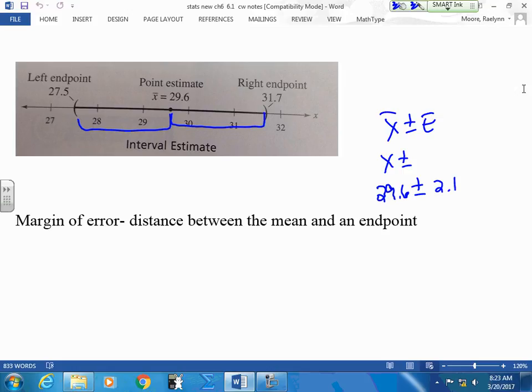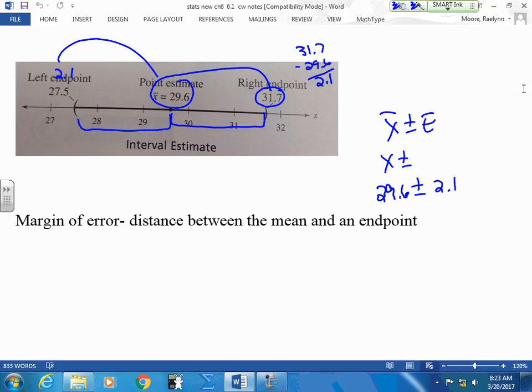Good. How'd you get it? Okay. She added and subtracted. An easy way to do this is to take the endpoint and just subtract this. And there's my margin of error, 2.1. And it has to be 2.1 from the other side. So if I took this and I added 2.1, don't I get that number? It has to be the same on both sides.